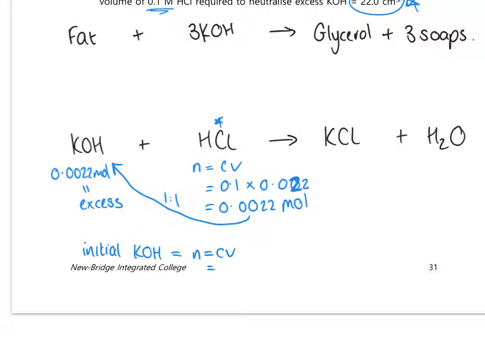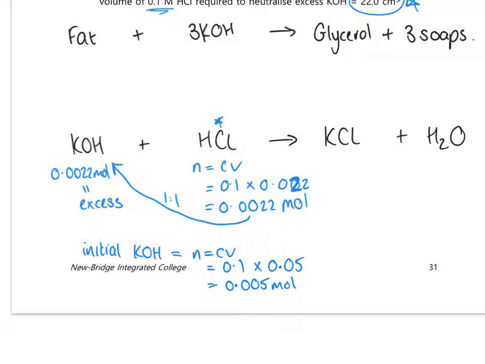What's my concentration of potassium hydroxide? 0.1. What's the volume I initially added? 0.05, because it's 50 centimetres cubed, and that gives me 0.005 moles.